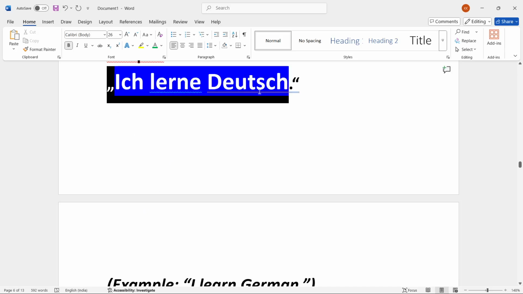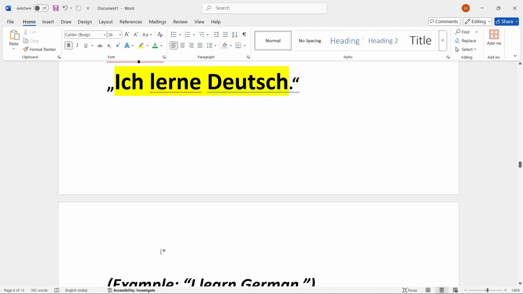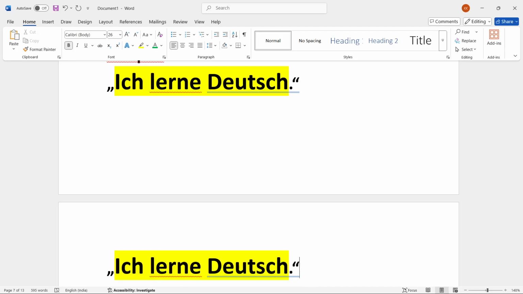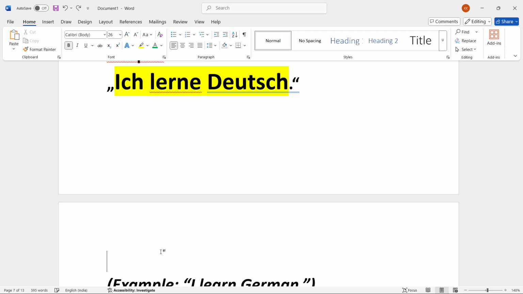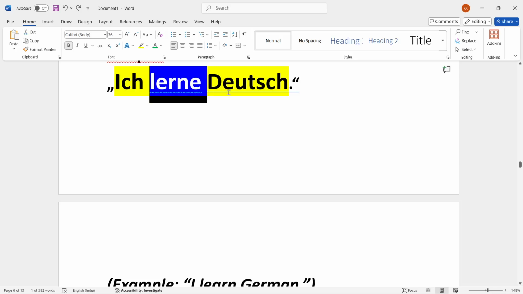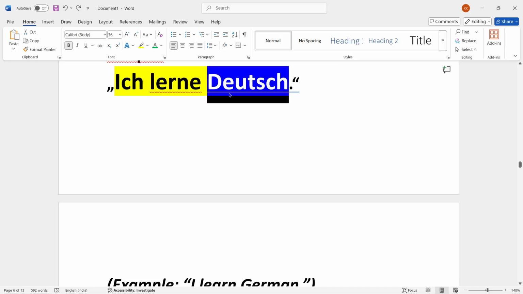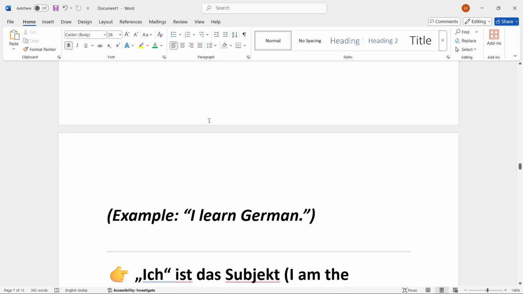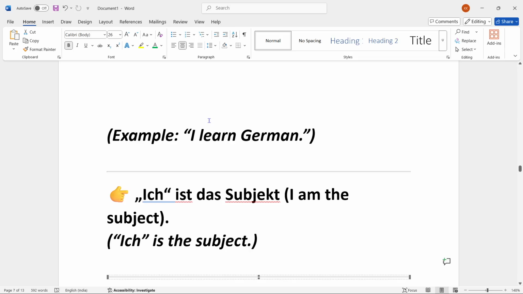Einen kleinen Moment. Ja, tut mir leid. Ich ist Subjekt, lerne ist Verb, Deutsch is our German. Example, ich lerne Deutsch. The Bedeutung ist, the meaning is, I learn German.